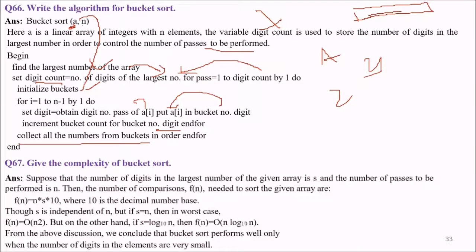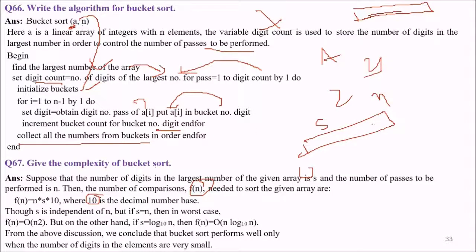What is the complexity of bucket sort? See, suppose the number of digits in the largest number of a given array is s. The string is of length s, the highest number. The number of passes to be performed is n. Then the total number of comparisons needed to sort a given array is equal to n into s into 10. Why this 10? 10 is the decimal base. So n is the number of elements, and s is the number of digits in the largest number of the given array.